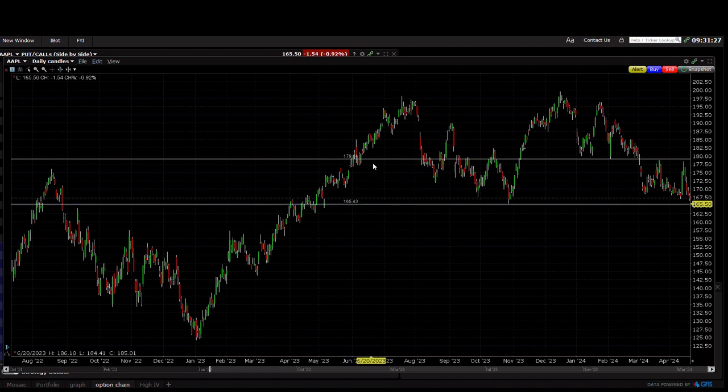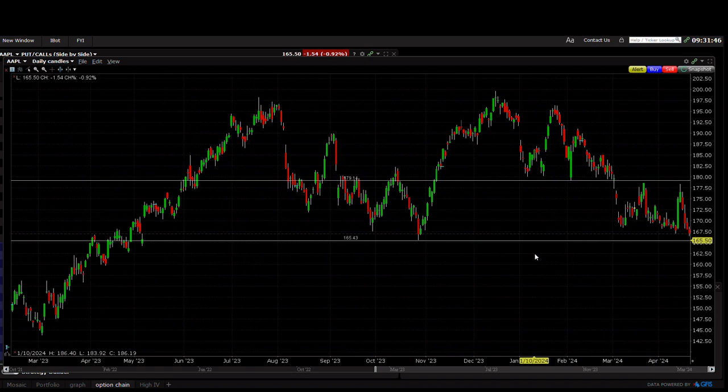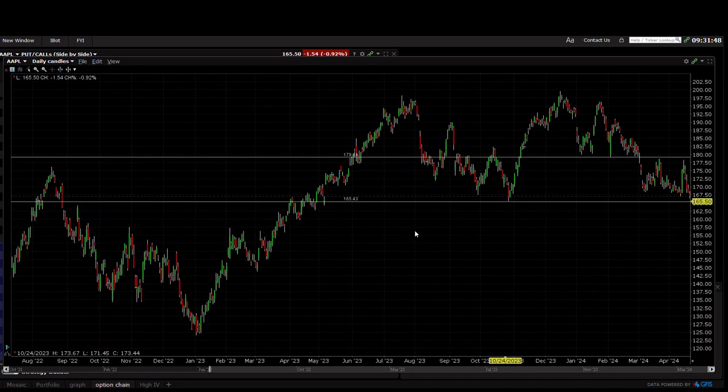It crossed 180 in around June 2023, and went up, and then again went back to 165 and went up to around 200, again went back now to 165. So this is the price action on a daily basis. So let's go back here.